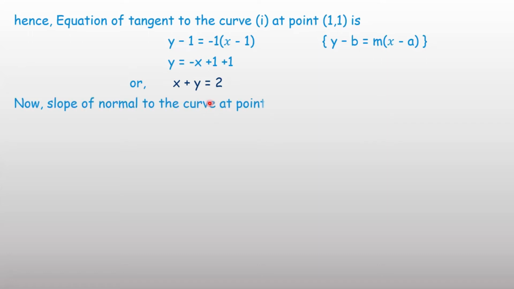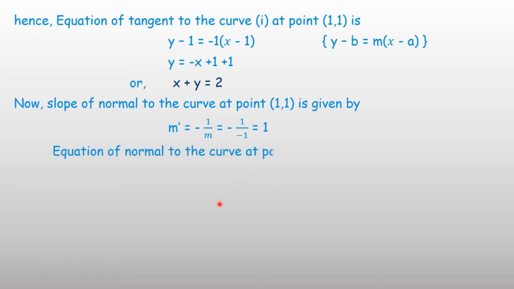To find the equation of normal, first you write the slope of normal at the given point. Slope of normal means m dash equal to minus 1 upon m. Minus 1 upon the value of m, already covered as minus 1, equal to minus minus plus, so the value of m dash is 1.